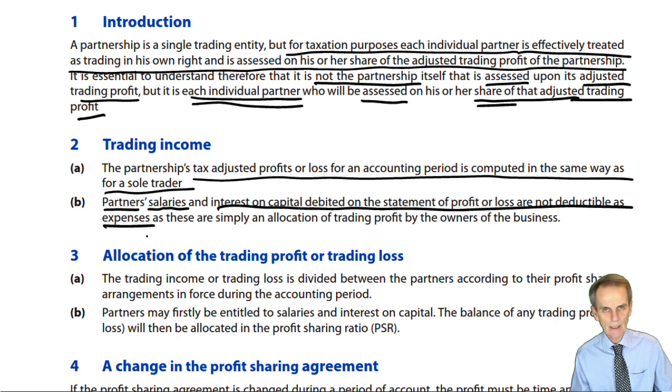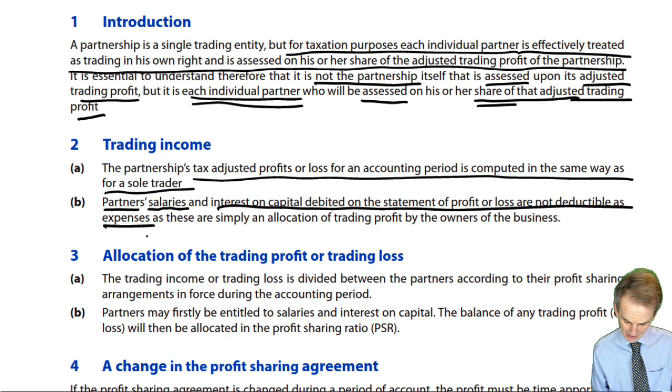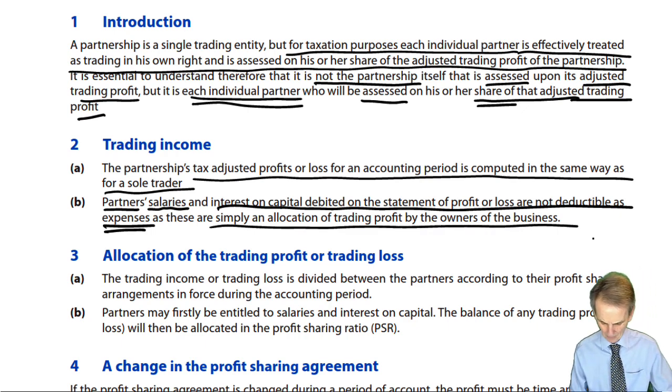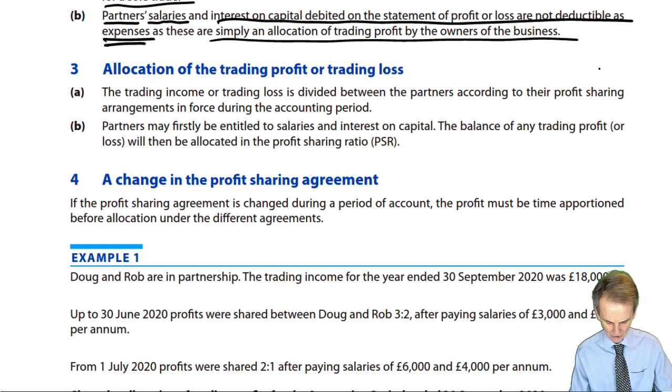We use that in dividing out the tax-adjusted trading profit of that period between the partners, so that each partner may be assessed on their share of that adjusted trading profit. So salaries or interest on capital are not deductible expenses because they are simply an allocation of the trading profit by the owners of the business.